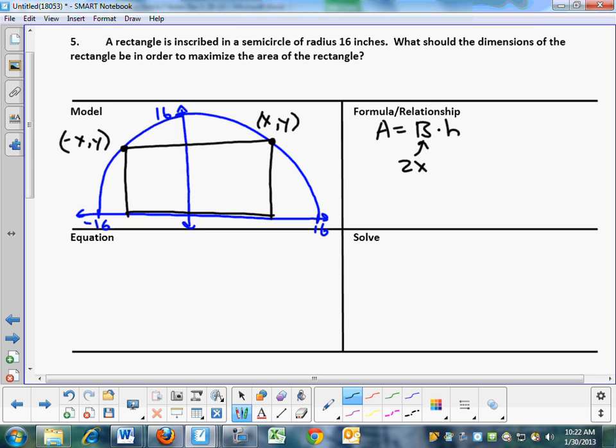Now the height, we have to be able to express a function value, right? So I need something written in terms of x. F of x. What is f of x?